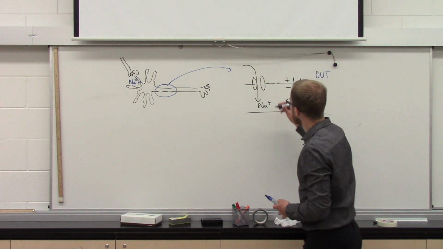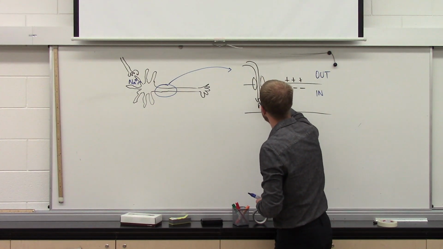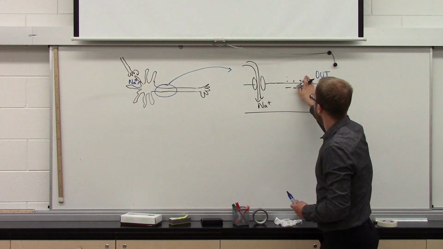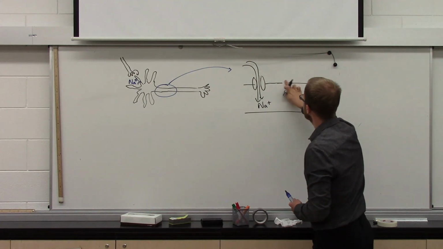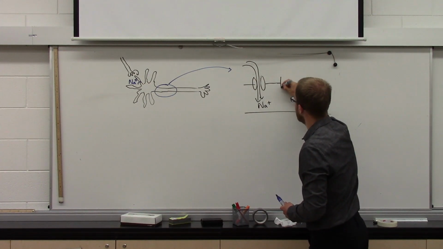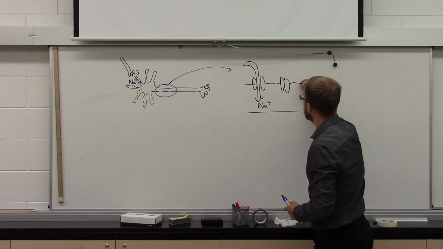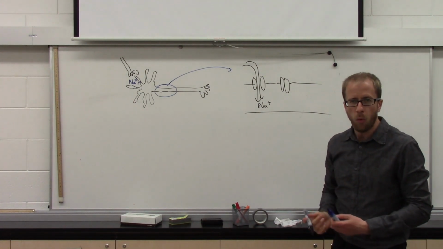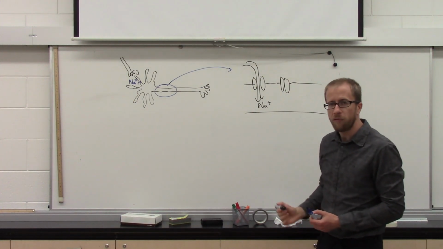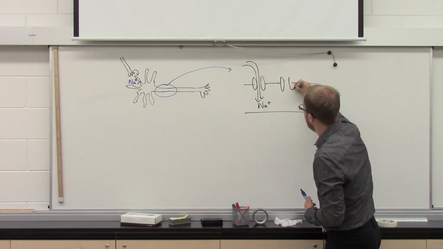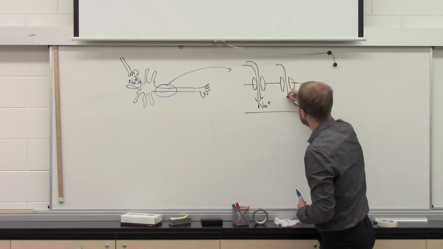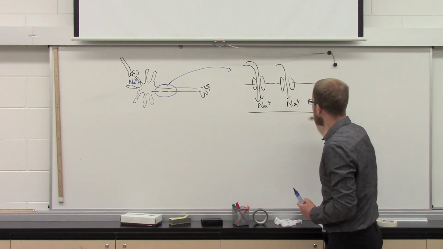Now, as the membrane potential increases, what's going to happen to that adjacent sodium ion channel? We have one a little bit further down. What's going to happen to that channel? Well, as we reach that threshold value, that channel will open up, and then we get more sodium rushing in.